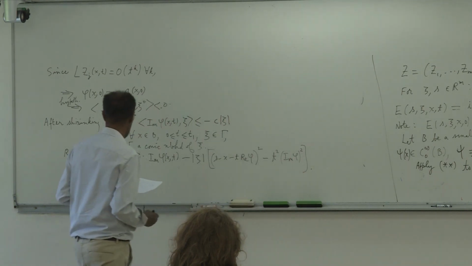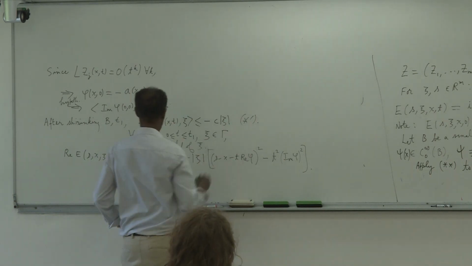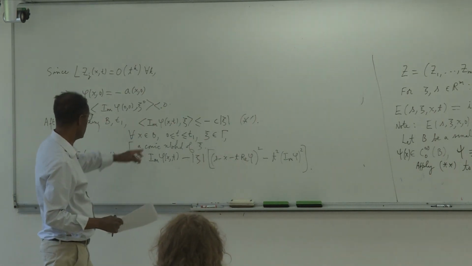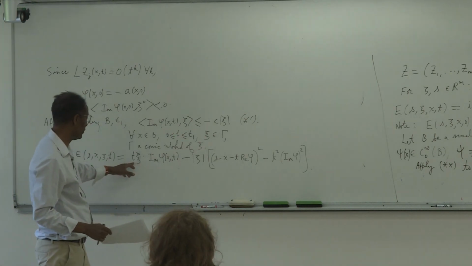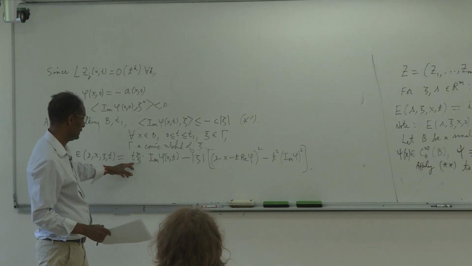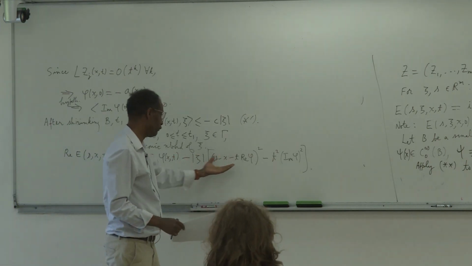Let me call this star prime. So you see, this part is less than or equal to minus a constant times C times t already.